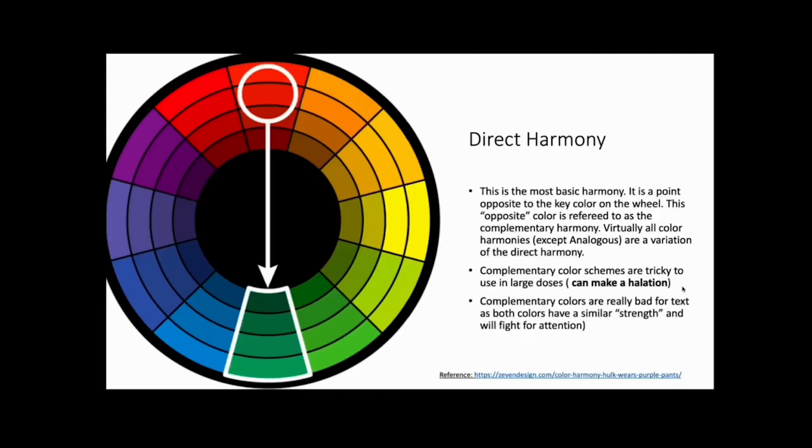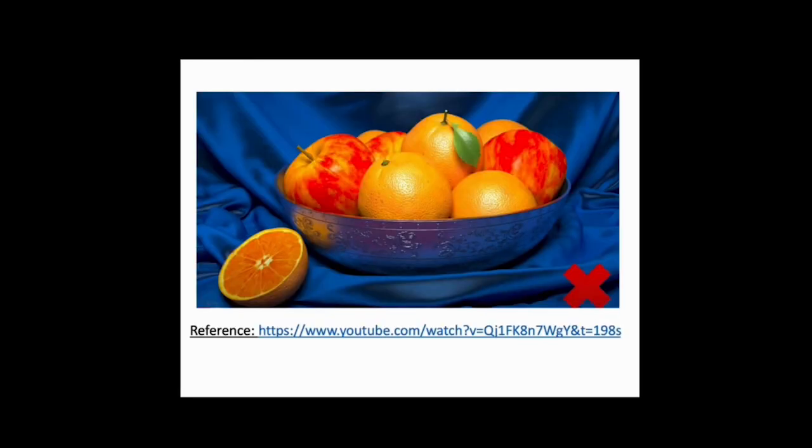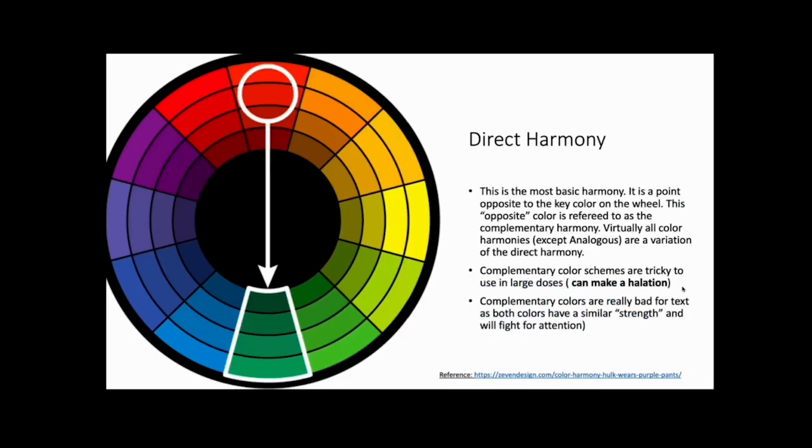So one of the things that happens when you have something like this, where it's really, really saturated colors, is you have something that's called halation. So halation is kind of shown over here. If you look at it and squint your eyes just a little bit, you'll notice that these colors almost look like they are shades.